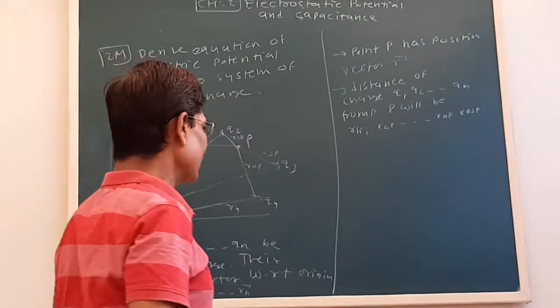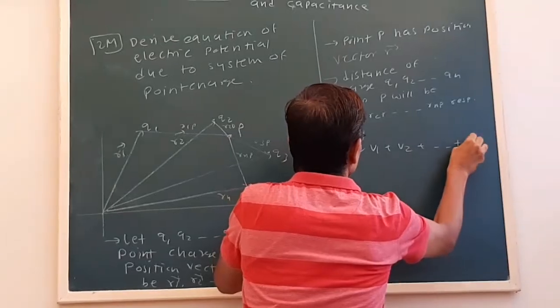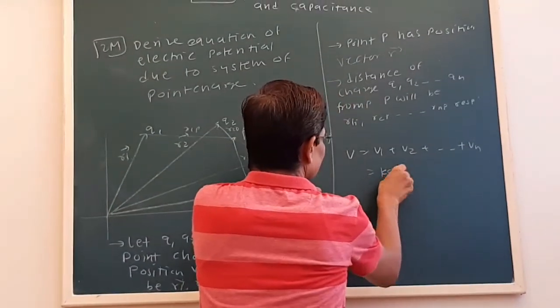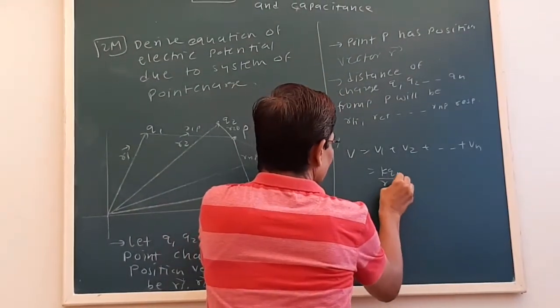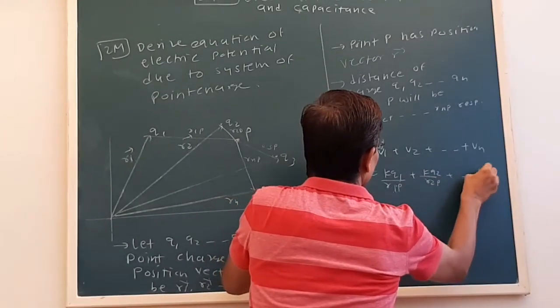So we can write V is equal to V1 plus V2 plus and so on. That can be written as KQ1 by R1P, KQ2 by R2P, up to KQn by RnP.